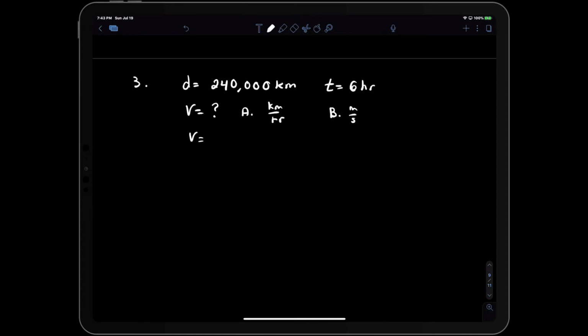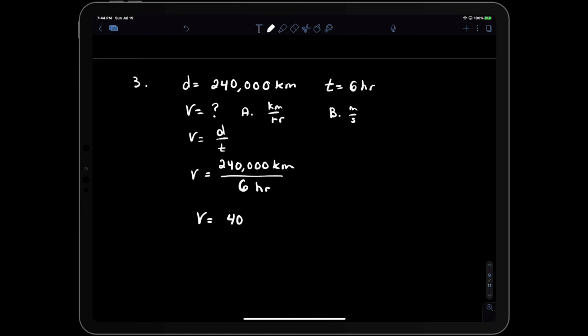We need a formula, distance divided by time. So we'll start plugging these variables in. 240,000 kilometers divided by 6 hours. So our velocity here, 2 divided by 6, so 40, yeah, 40,000.